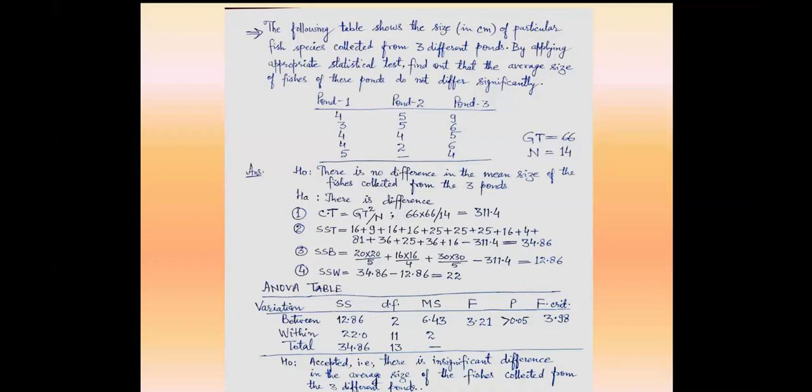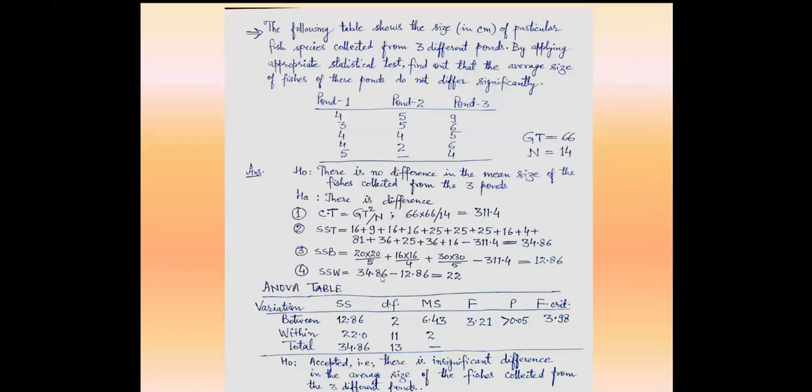Then the next step is SSB. I told you that for SSB, the total of each column will be squared, and then it will be divided by the number of cases, plus the next sample, its total squared divided by its number of cases. When we are doing this and finally minus the correction term, we are getting 12.86.